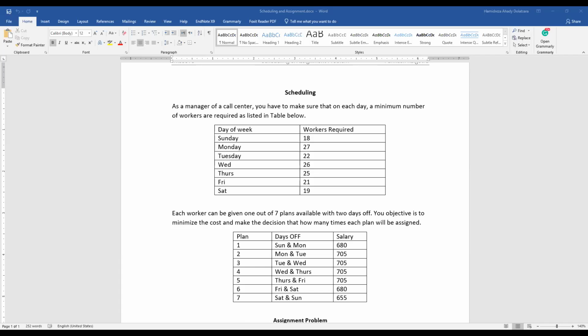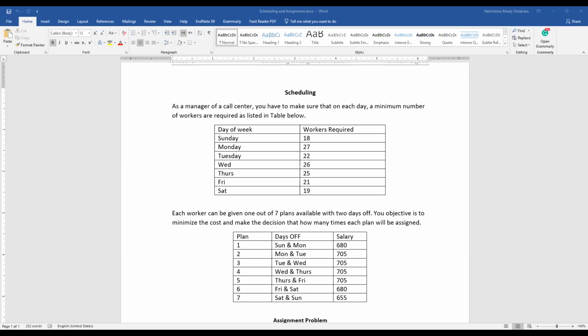So our objective function is minimizing the cost, and total cost is the summation of the number of employees times their plan cost. Let's say for the first plan, if we need 10 employees, the cost of the first plan is 680 times 10. Oh, you cannot see the Excel file? Oh, sorry.